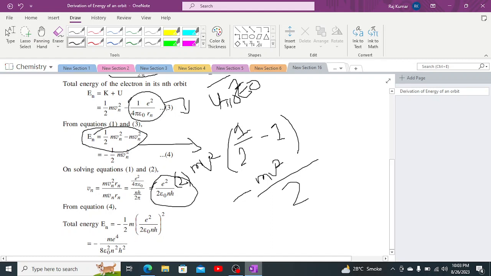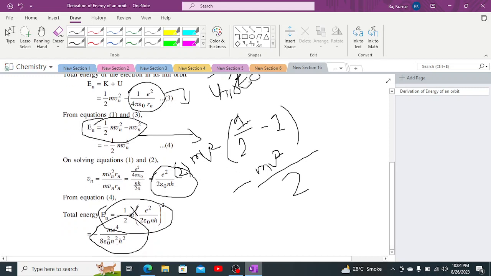So afterwards, when we are going to multiply both of these conditions, the answer would be minus me⁴ on 8 epsilon naught square n² upon h². Now here in this condition, we have constants as well as variables.